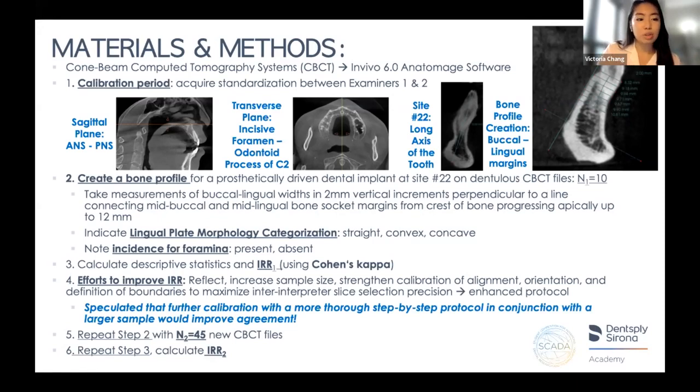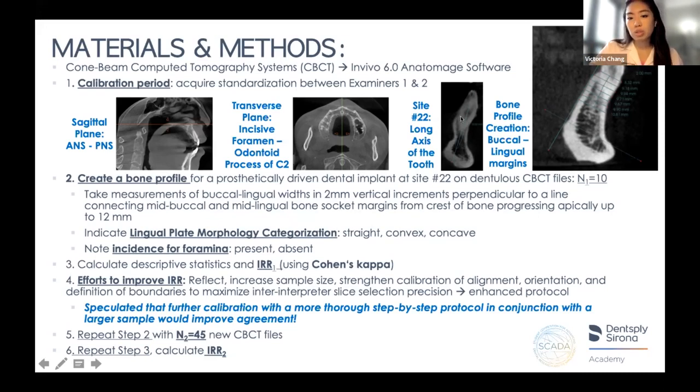So in the sagittal plane, we would set up a line from the anterior nasal spine to the posterior nasal spine, in the transverse plane from the incisive foramen to the odontoid process of C2. And after we went through this entire calibration period and agreed on everything for how we would approach the measurements and data collection, we created a bone profile for a prosthetically driven dental implant at site number 22 on these CBCT files that had the tooth number 22 existing.